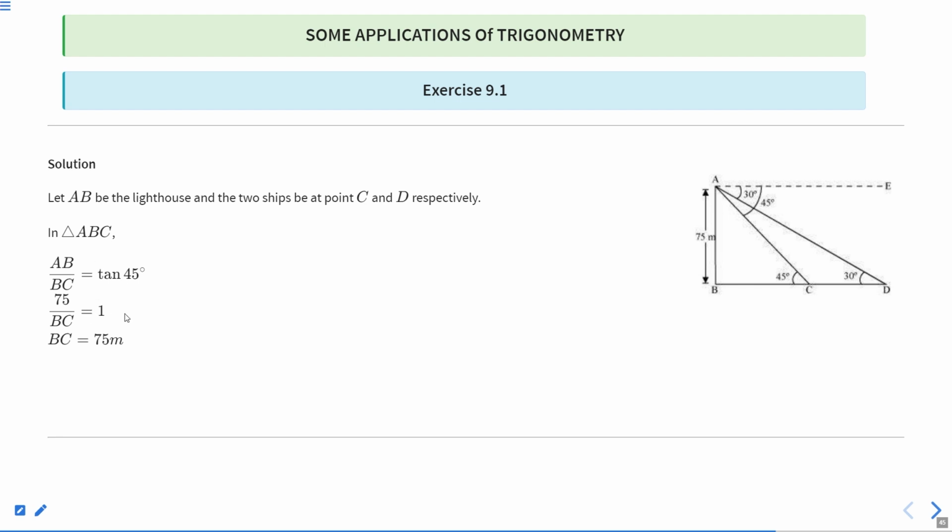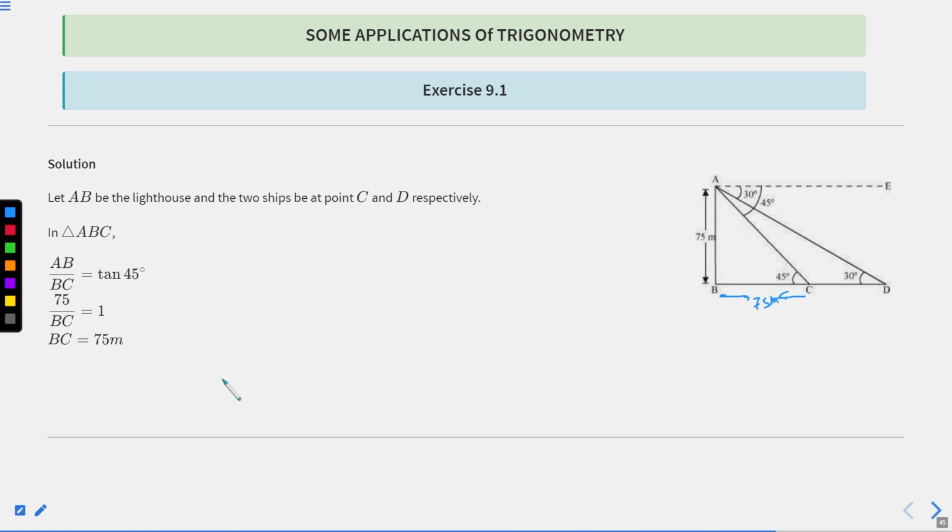So AB by BC is equal to 1, and the height of the lighthouse is 75 meters. So 75 by BC is equal to 1, which implies BC is equal to 75 meters.